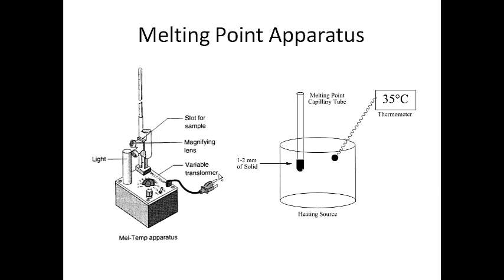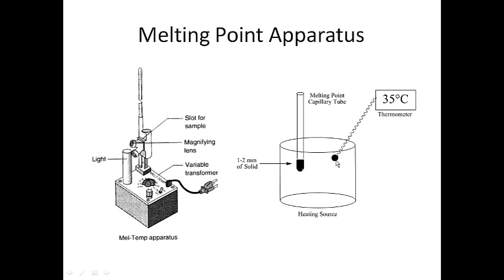The apparatus we use is called a melting point apparatus. There are two types that we have in lab. One is called a Meltemp, and the other is from the Vernier company, and they both operate the same way. You place a small amount of solid into a very thin melting point capillary, and place that inside a heating block that heats at a certain number of degrees per minute.